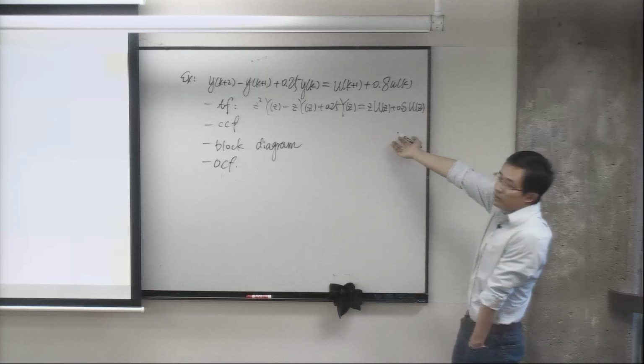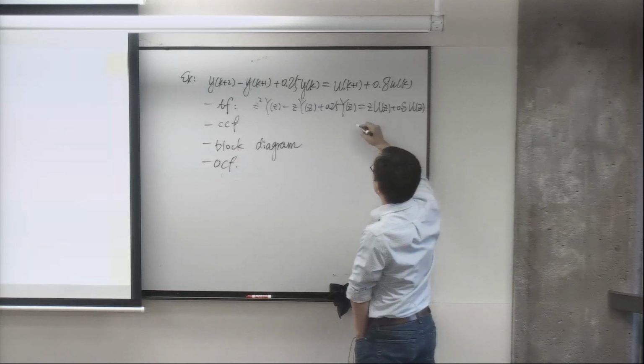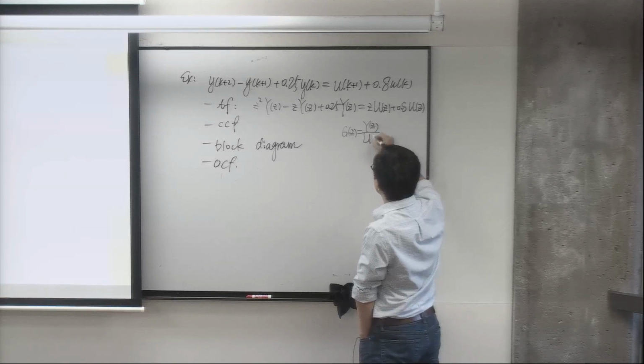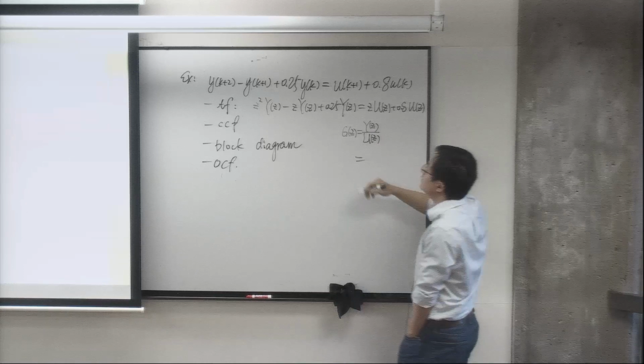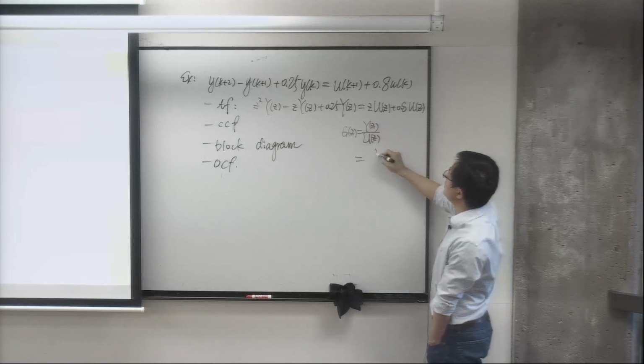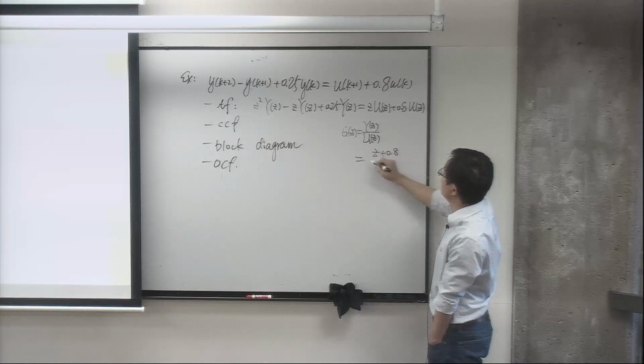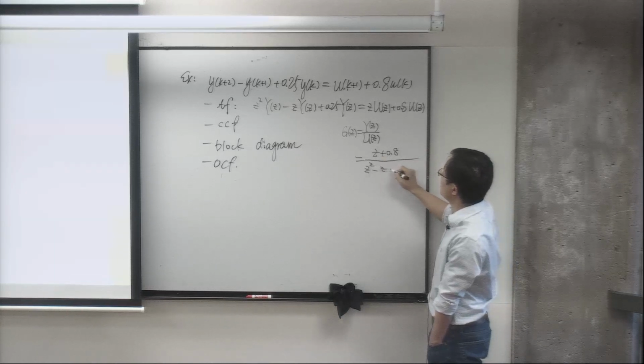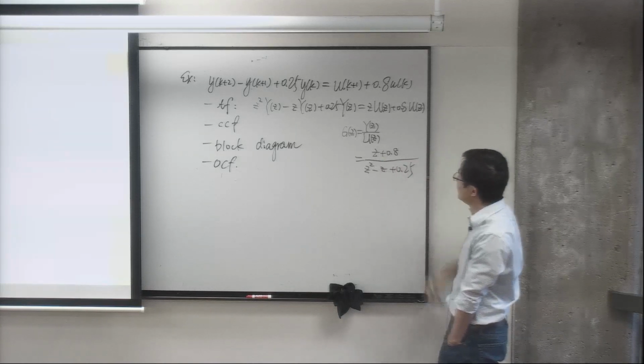So from here, you can get the transfer function G, which is Y(z) over U(z). So it's going to be z plus 0.8 over z squared minus z plus 0.25.